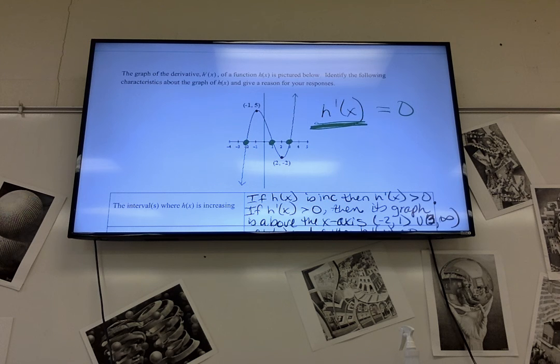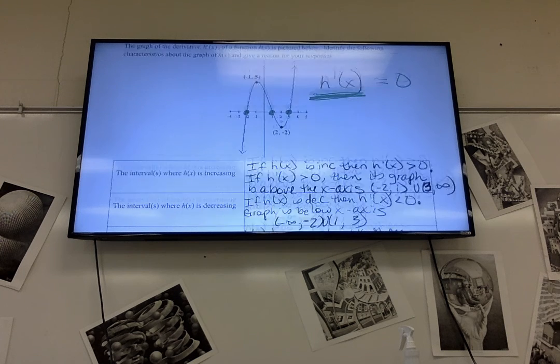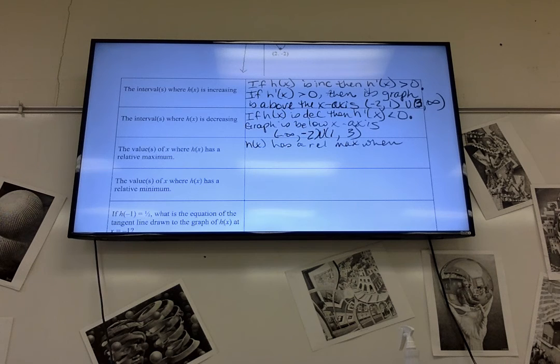Here and a 0 here. All of those are zeros. So all of those are potential relative maxes and mins. Okay. So the first thing is h prime of x equals 0, and h prime of x changes from... now, instead of memorizing this, you can think about it.